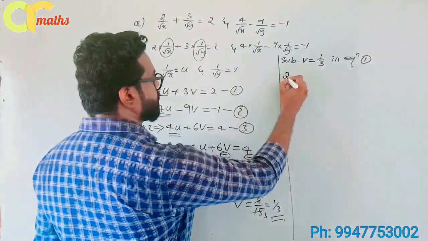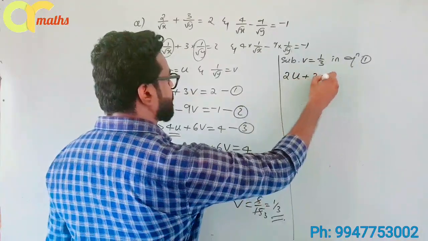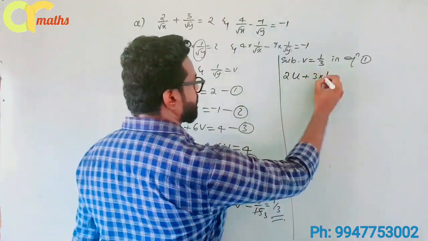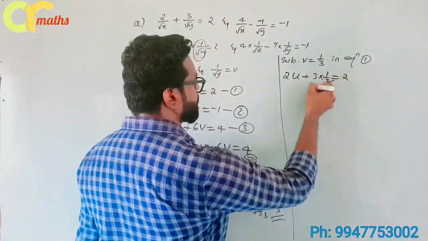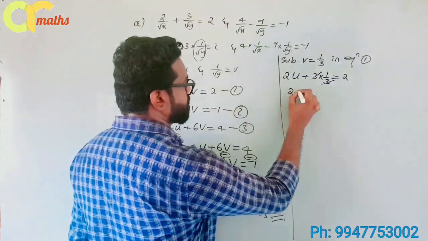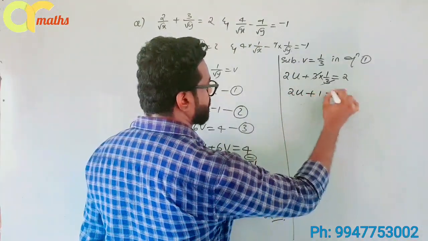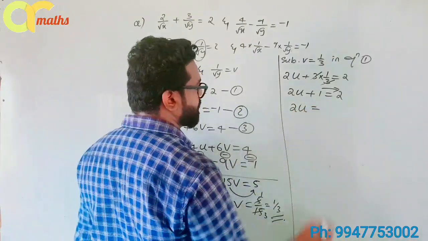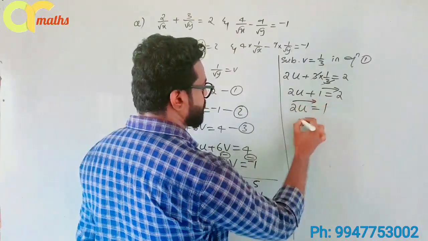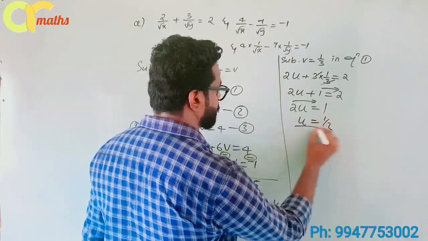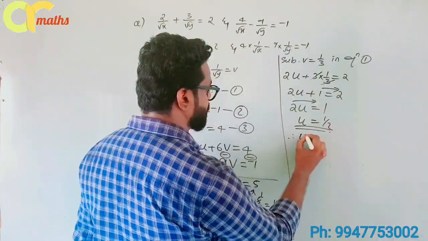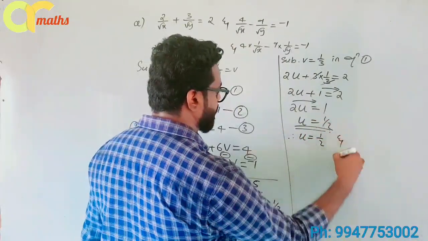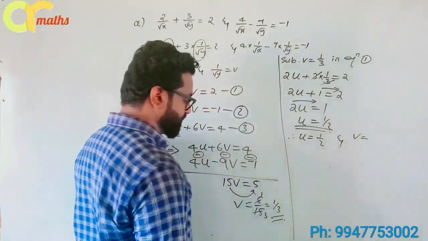So 2u plus 3 into v, that is 1 by 3, equal to 2. You can cancel 3, 3. Then 2u plus 1 equal to 2. Then 2u equal to 2 minus 1, that is 1. Then u equal to 1 by 2. Therefore, u equal to 1 by 2 and v equal to 1 by 3.